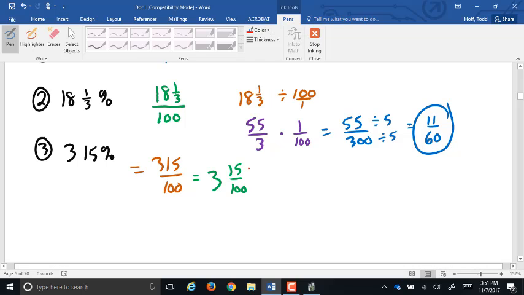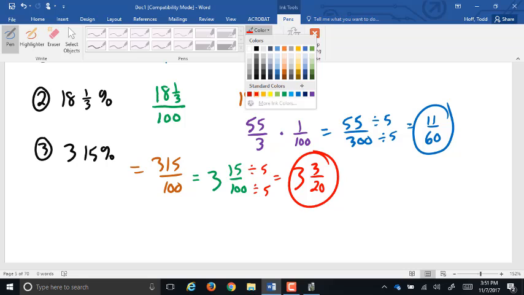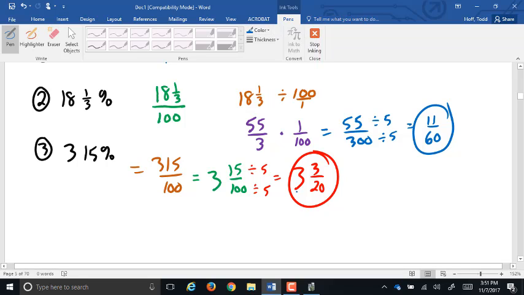I can reduce the 15 hundredths by 5 to give me 3/20ths. And I have to remember the whole number of 3 and 3/20. That's where those benchmarks come in, by the way. The biggest mistake I see made is people forget to bring that 3 over. Well, this is 315%. I know this has to be bigger than 1. If I get the answer of just 3/20ths, I know something can't be right there.